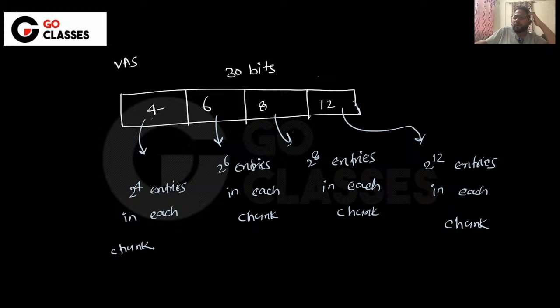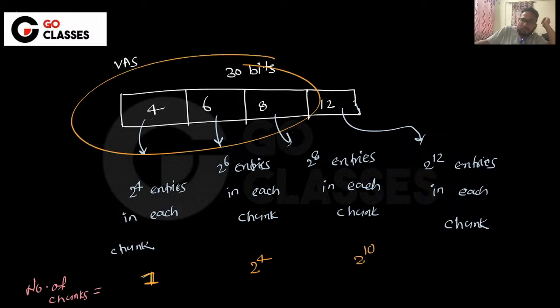Now let's talk about the number of chunks. At the top level, the number of chunks is always 1. At the next level, whatever the total number of entries in the previous level is, that is the number of chunks. So this is 4, which means 2 power 4 chunks, and then the total is 10, so 2 power 10 chunks.